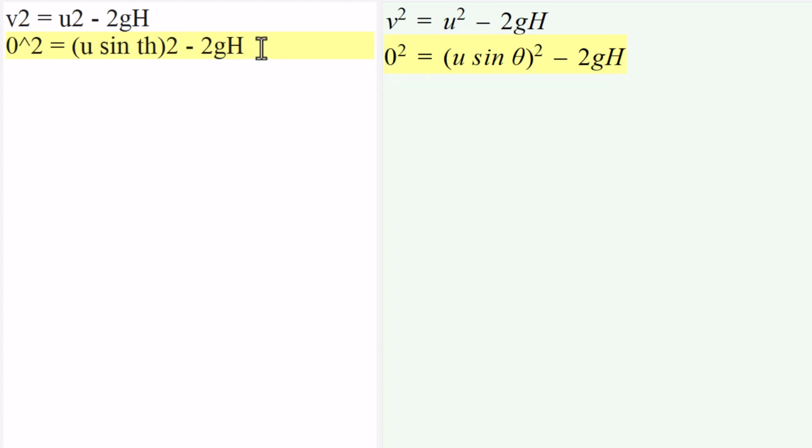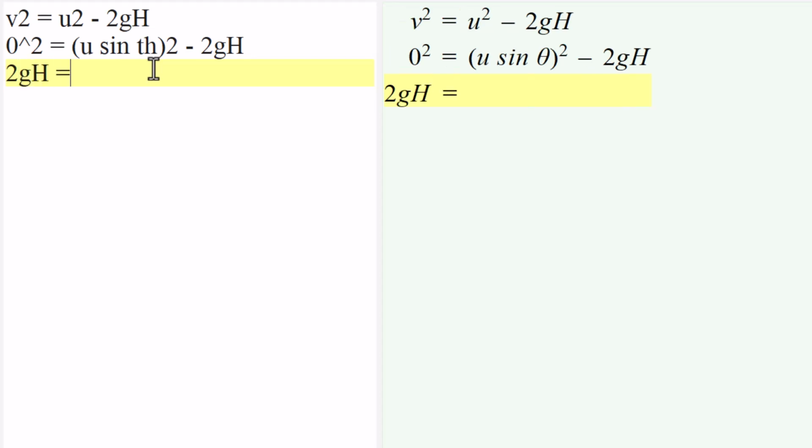With this, it will take us to the next line. Take your negative 2gH to the other side. This will become 2gH equals, when you open this bracket, when you simplify it, u squared sine squared theta. So this is what you are going to have. Now divide both sides by 2g.